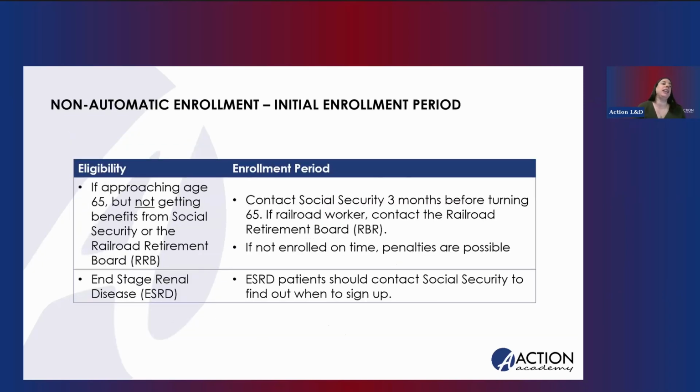If that is not the case for you, then you would enroll during your initial enrollment period, which is 3 months before turning 65, the month you turn 65, and 3 months after. If you do get diagnosed with ESRD, we mentioned that's another way you could get Medicare. You would have to contact Social Security to let them know that happened so you can sign up.